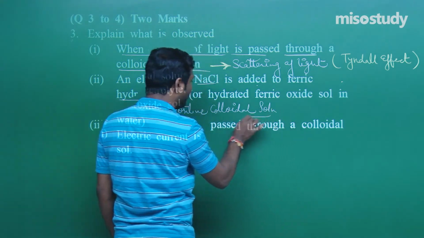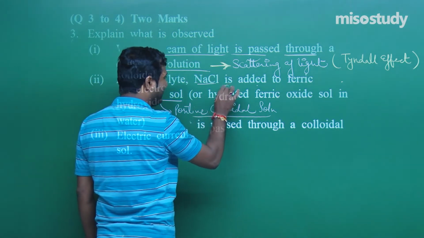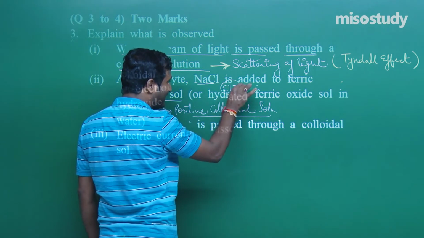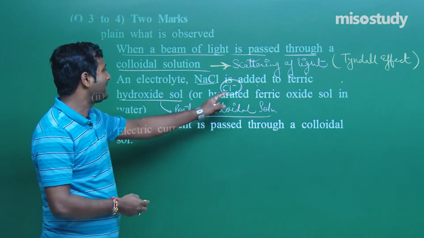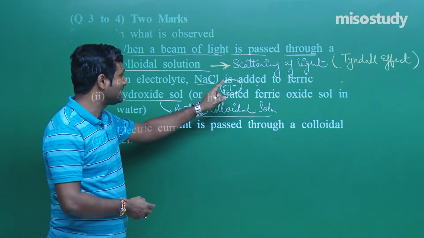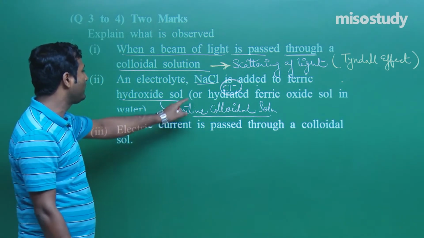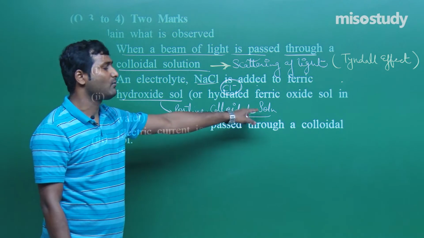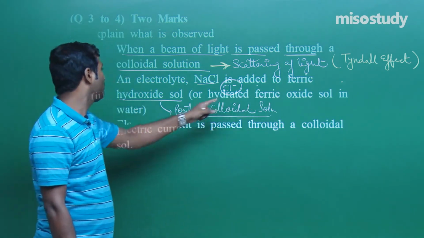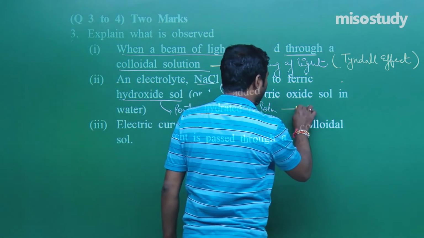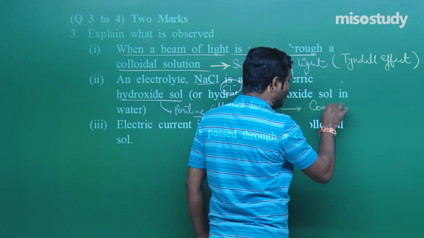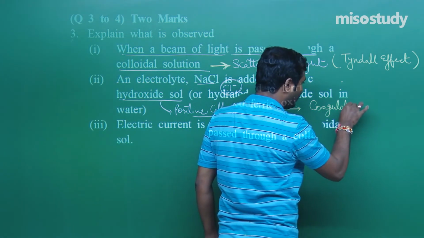Now when we add NaCl, the NaCl electrolyte will act as an electrolyte, then the negative part, that is the Cl minus ion, will coagulate the positive colloidal solution, that is, the ferric hydroxide solution. That is what will happen in this case. Coagulation takes place.